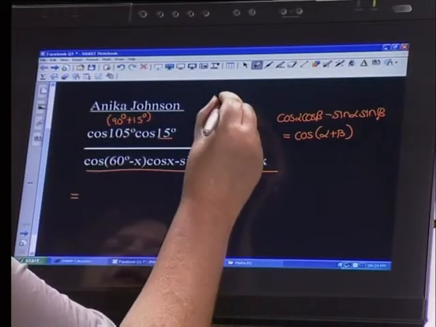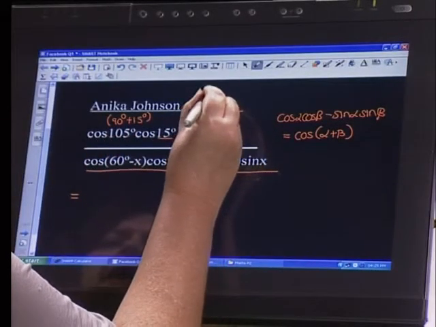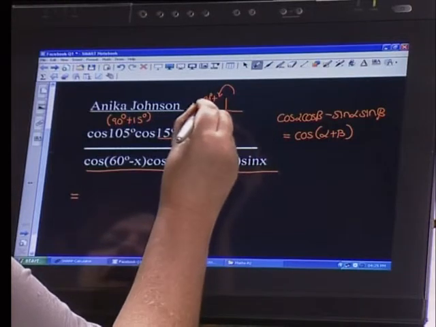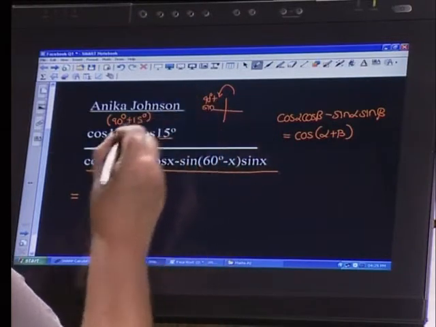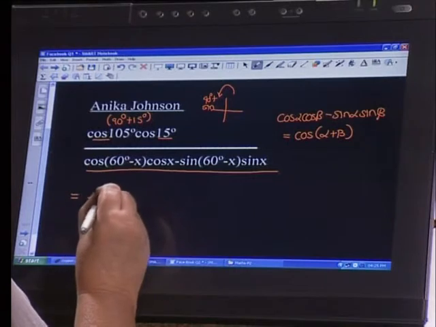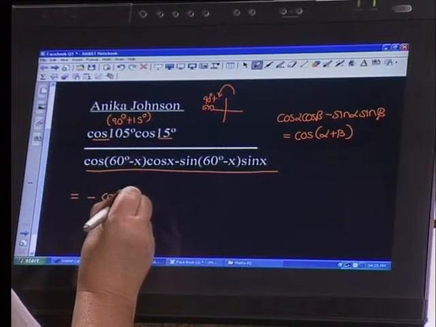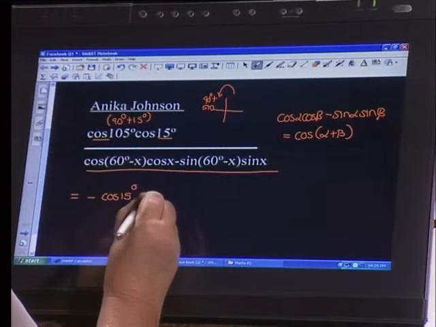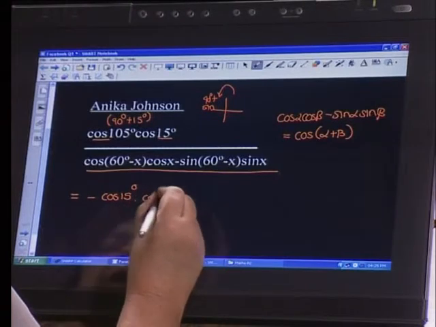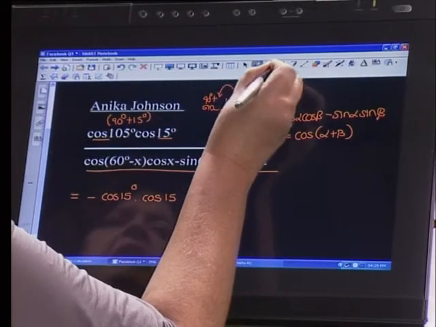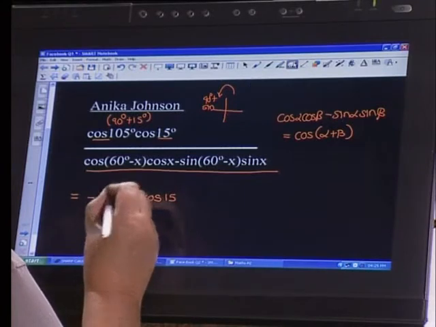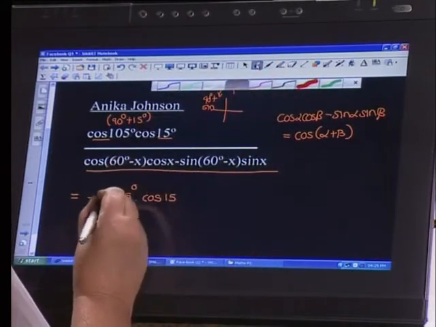So let's go here and have a look. As I said to you, because we're here 90 plus, we are going to look at sine being positive only, and this is a cos, so it becomes negative cos 15. All right, now I'm sure I can hear a few of you saying, oh, that's not good, because not cos 15, I nearly made a mistake there. Just as well I am a little bit awake this afternoon. It's sine.